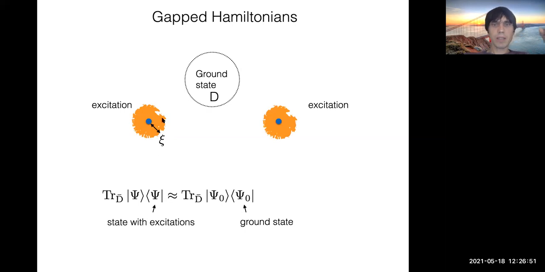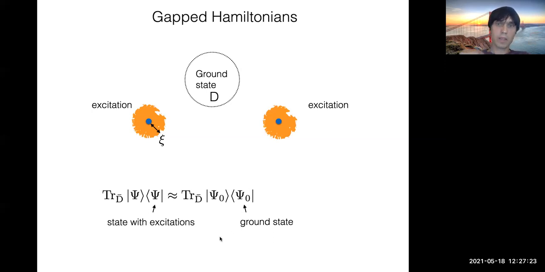A localized excitation above the ground state, here I have two of them, is some state, which I've called psi, which might be kind of a mess within this region near the excitation, but far away from the excitation, several correlation lengths away, like out here, for instance, the state looks exactly like the ground state.